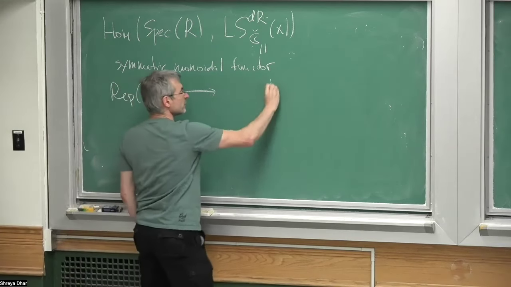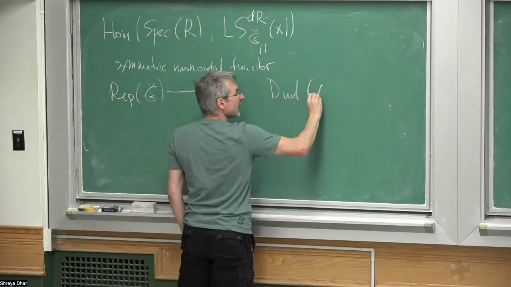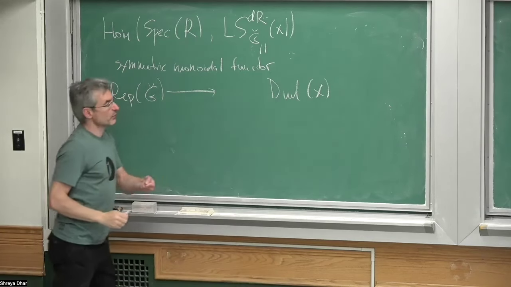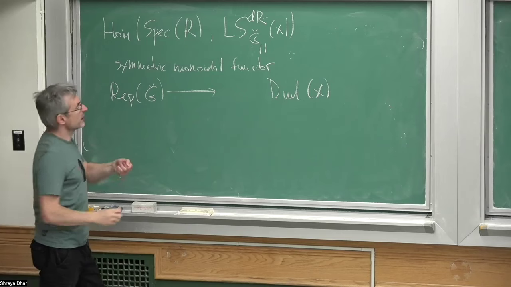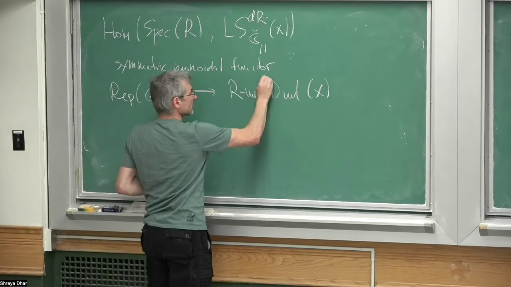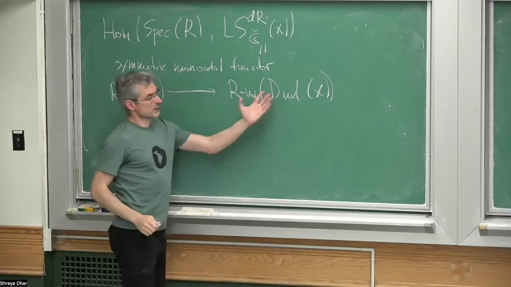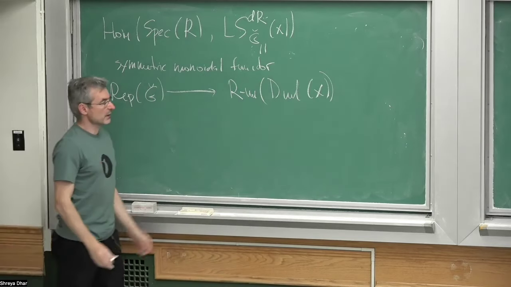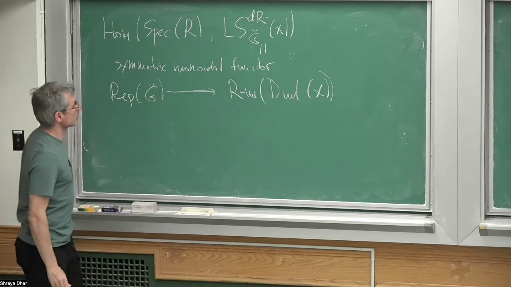You consider the category of D-modules on the curve, and inside you consider R-modules. In other words, you consider D-modules with an action of R, where R is the ring of functions. And so this is the Grothendieck language definition of the stack of de Rham local systems.